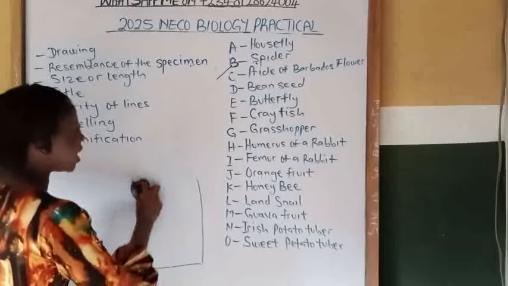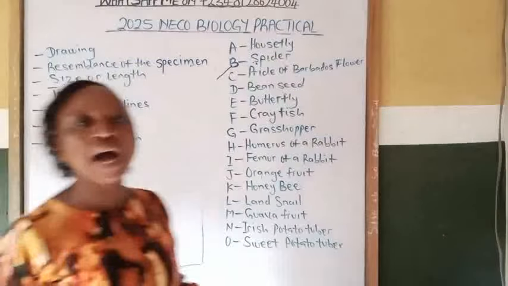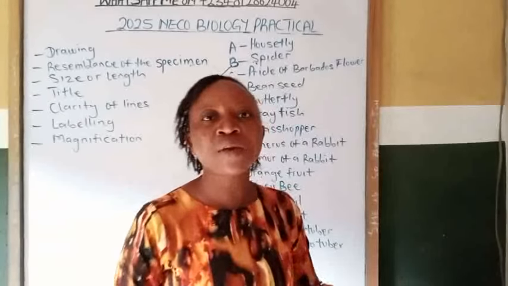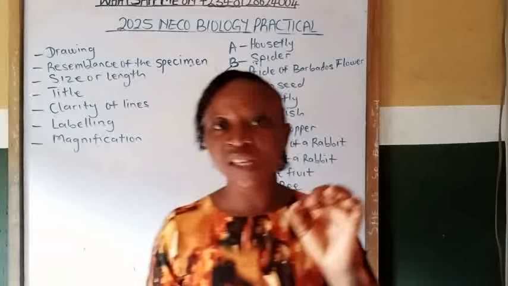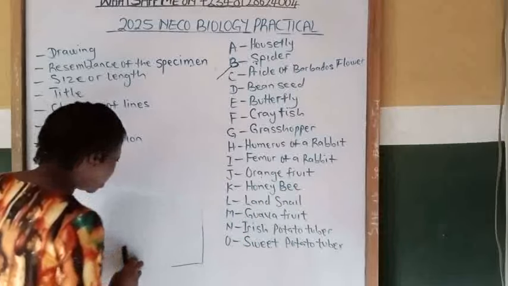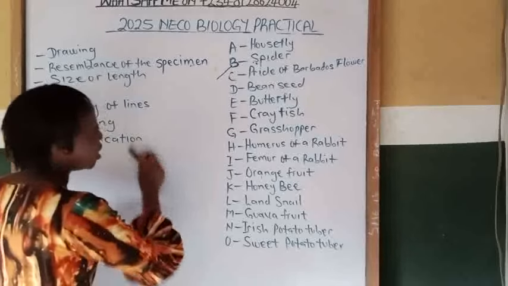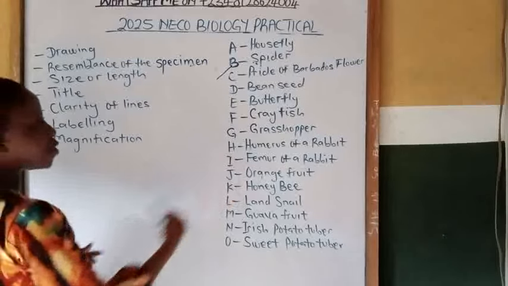So the next one is the title of your diagram. Your diagram must have a title, preferably written on the top of the diagram. So let me teach you how to write the title of a specimen. I'm going to use one of these specimens for example.